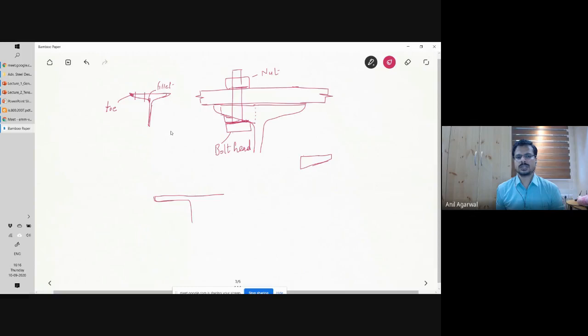Of course, near the fillet and near the toe, you will have a sharp curvature. But at least away from the fillet and away from the toe, you have a very nice flat surface which is parallel to the other face.